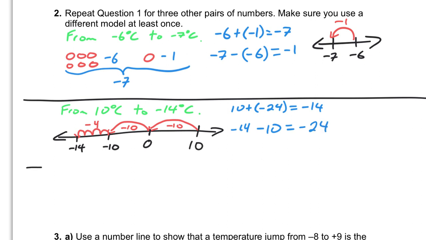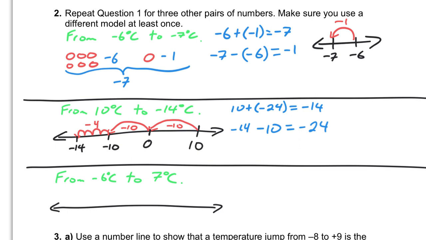Let's do another. So if we are going from -6 to 7 degrees Celsius, again, I'm looking at where I should start. Here is -6. It's going to be somewhere on the left-hand side because it's much smaller than 7. So my -6 is going to start right here, and I'm going to add until I get to 7.